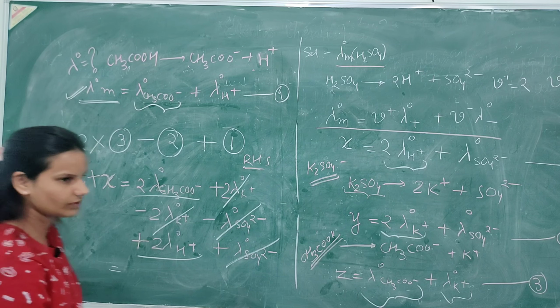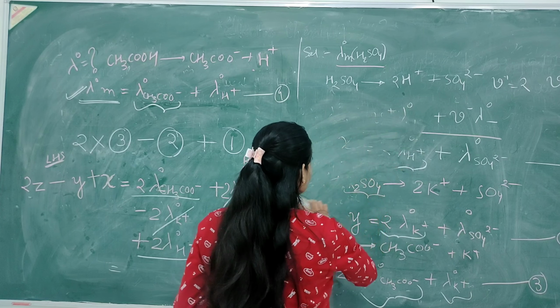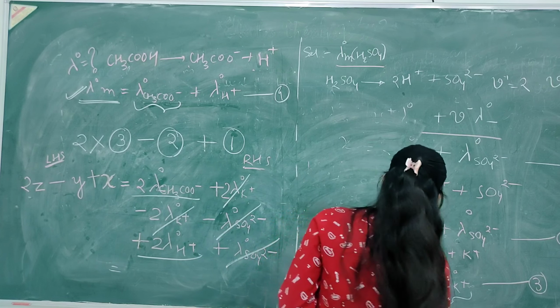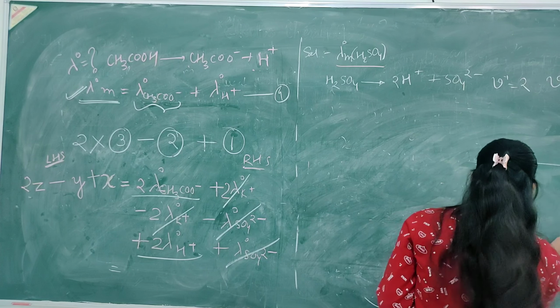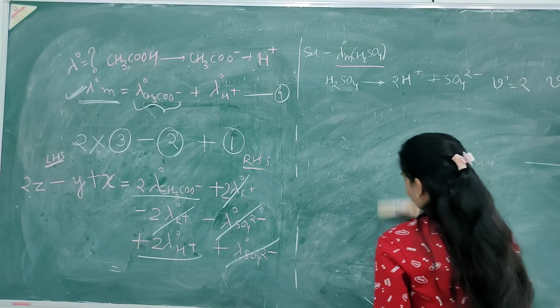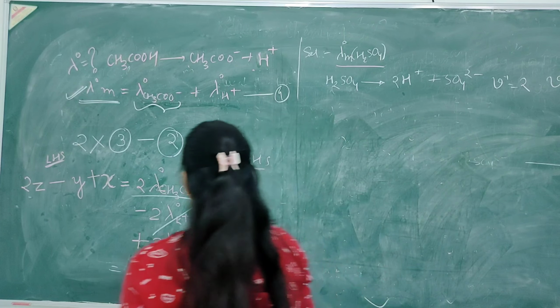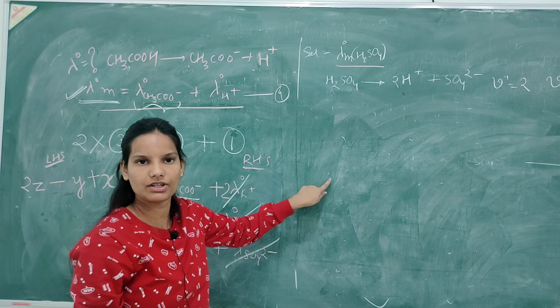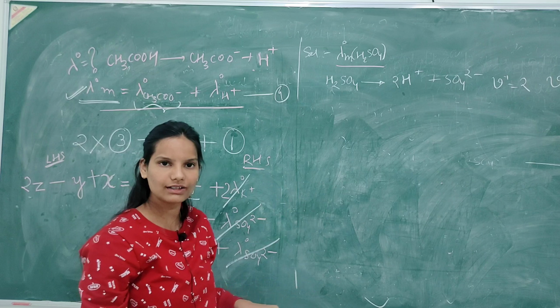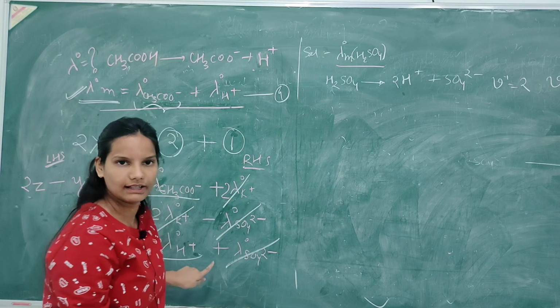Okay, I need some space. Just simply look what exact equation you want and then use the different equations in a similar way so that all other values get cancelled and only the value that is required is left.